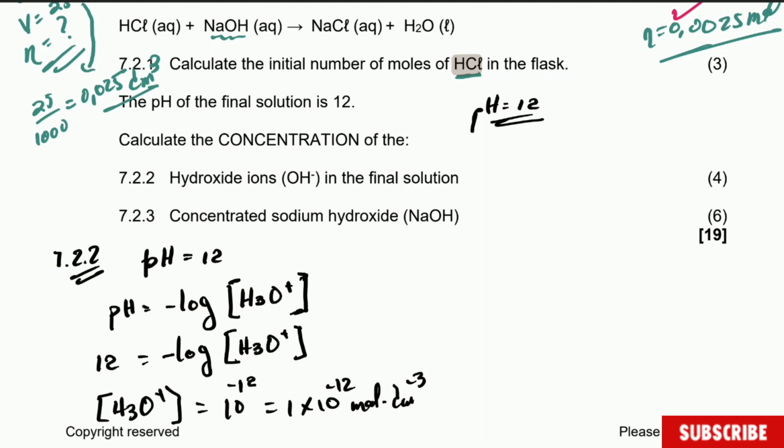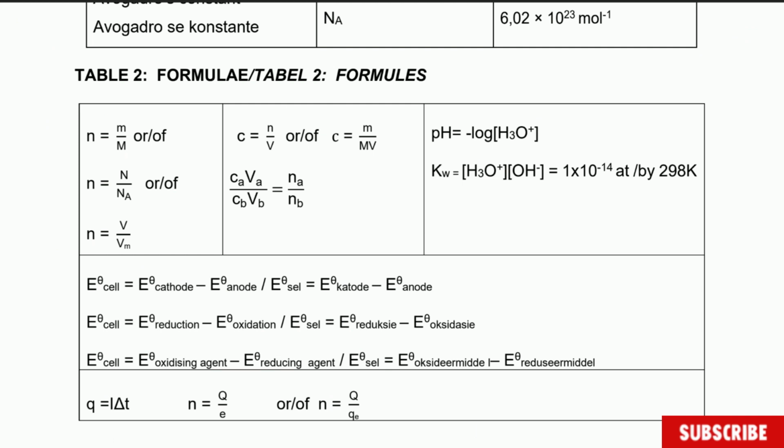Now from here we are going to go to the Kw, and let me show you here. Kw, it is here in the formulas. You can see here everything that you need, guys. So here is the Kw, and the Kw has the concentration of H3O+ and OH, which is what they ask in this specific question. So this is the one we're going to be using here.